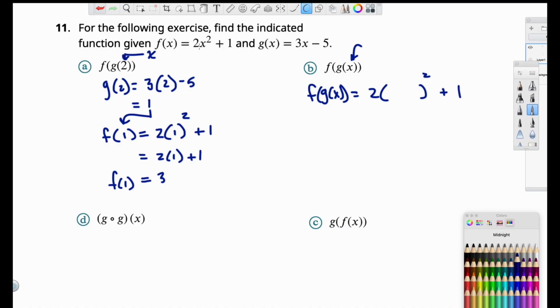And instead of writing x, we're replacing the x with the g of x. Okay? And I think I'm going to leave it like that. We could expand this, do a 3x minus 5 times 3x minus 5, get a trinomial, multiply by 2, and then add the 1. I think we'll leave it like that.